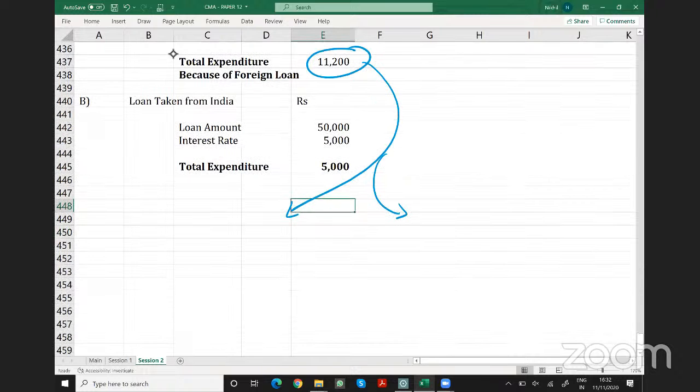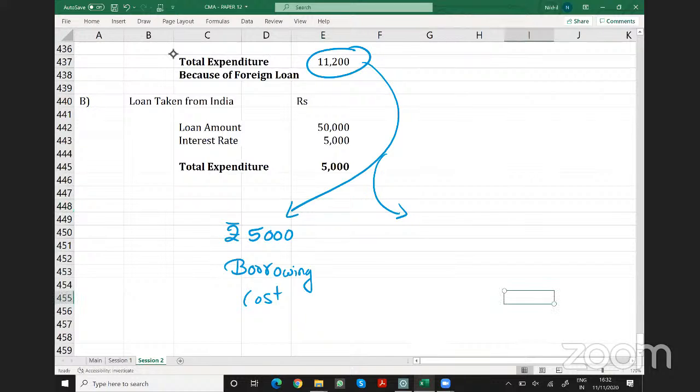They say 5,000 should be considered as borrowing cost, and the remaining, which is 11,200 minus 5,000, which is 6,200, should be considered as your forex loss.